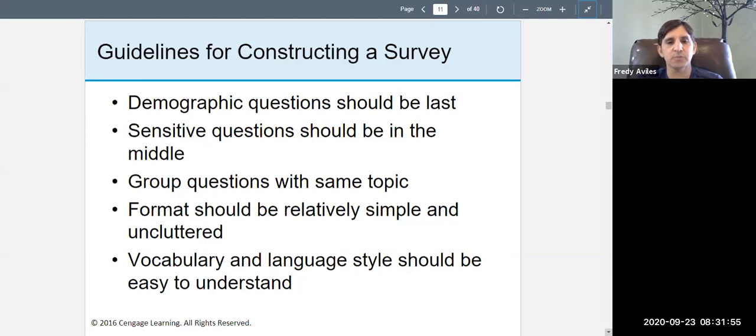Vocabulary and language style should be easy to understand. Yes, use proper vocabulary, okay? It doesn't have to be fancy vocabulary. Try to avoid language that is advanced or college level. I mean, the average American doesn't really read at a very high level, okay? So don't use words like anthropomorphic or something like that.